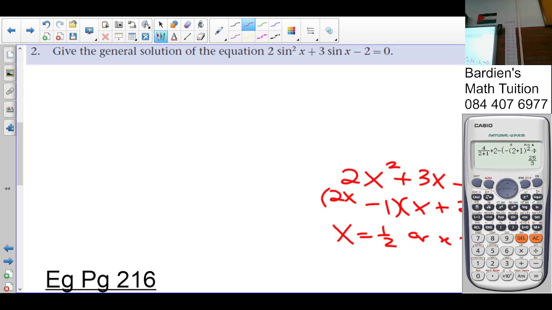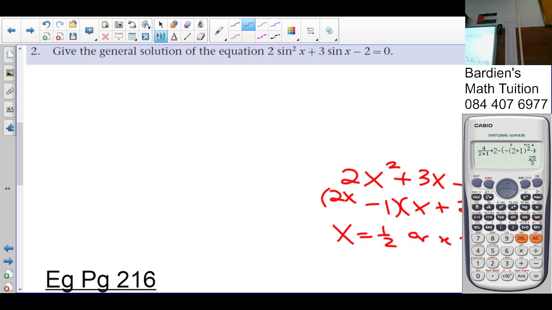Now if you are the kind of girl that can't factorize, yes, use the quadratic formula. It's our best friend, she says. Okay, use it. We always think there's something wrong with you, but it's fine. Who cares? Look, as long as you can get that sum right. Okay. So what do we say?